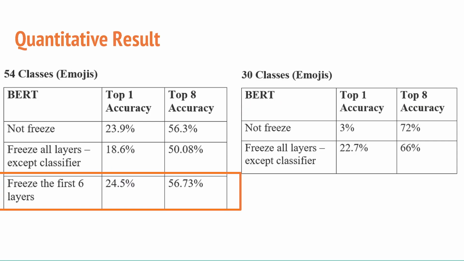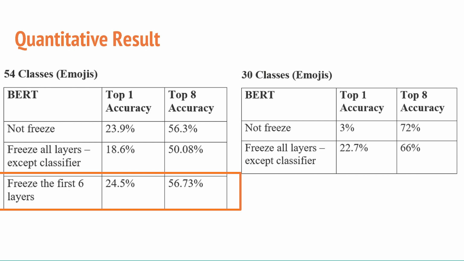As we have 54 classes and one sentence could have a few reasonable emoji, we choose top 8 accuracy as our evaluation metric, which marks the prediction as correct if the true label exists in the top 8 results. To find a good model, we fine-tune the pre-trained BERT model by freezing different numbers of layers.